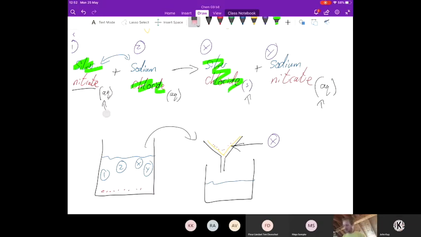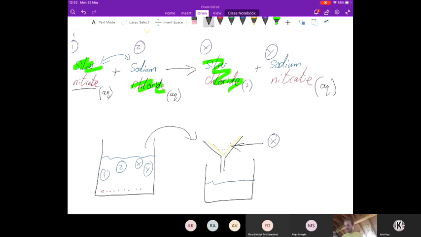Now, a confusion that students often have is that this arrow means all of 1 and 2 have gone to form X and Y. That's not necessarily the case. It can be the case if you worked out the exact amount of silver nitrate which reacts with the exact amount of sodium chloride. In reality, that's quite hard.